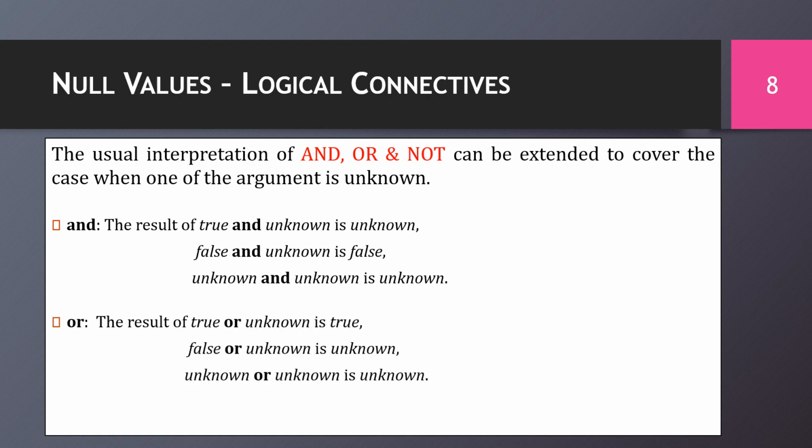If you are using the connective or, the result of true or unknown is true, false or unknown is unknown, unknown or unknown is unknown. And for the not connective, the result of not unknown is unknown.